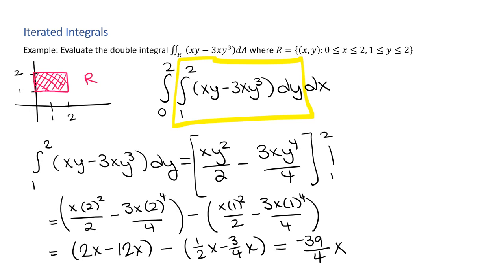Unless I made an arithmetic mistake, which I don't think I did, after lots of computations I got negative 39/4 x.